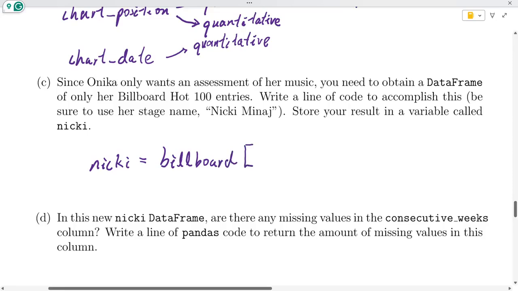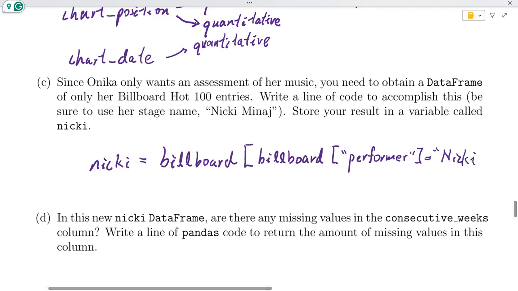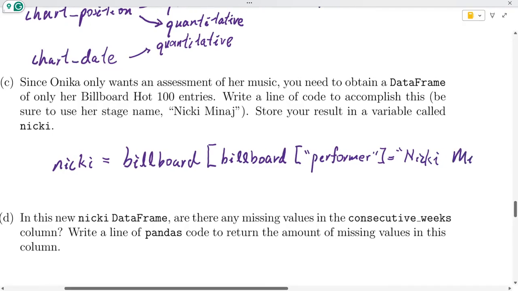And then you would put a Boolean here that stands for entries where this person is the performer. And apparently the performer name is Nicki Minaj, so we'll just write it like that. And then there's the solution.